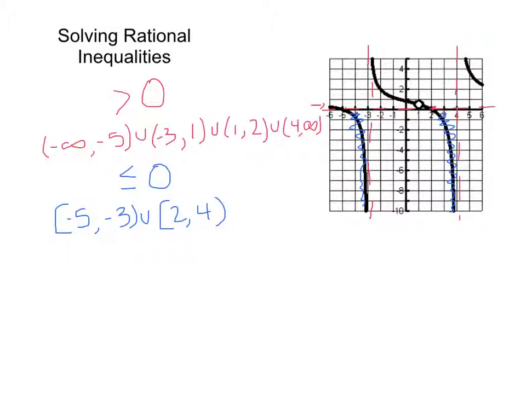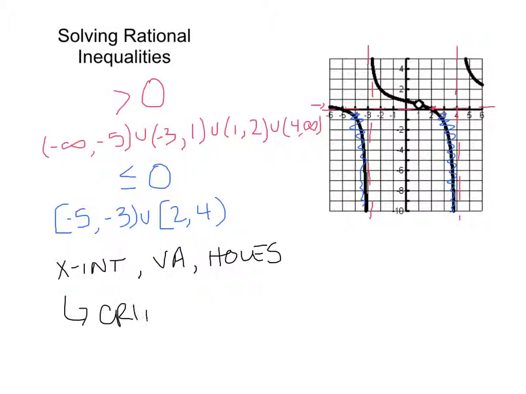So think about the points that I was referring to. I talked about the x-intercepts, I talked about the vertical asymptotes, and I talked about the holes. These are all things we need to consider when we're considering an inequality. These things are known as critical points.